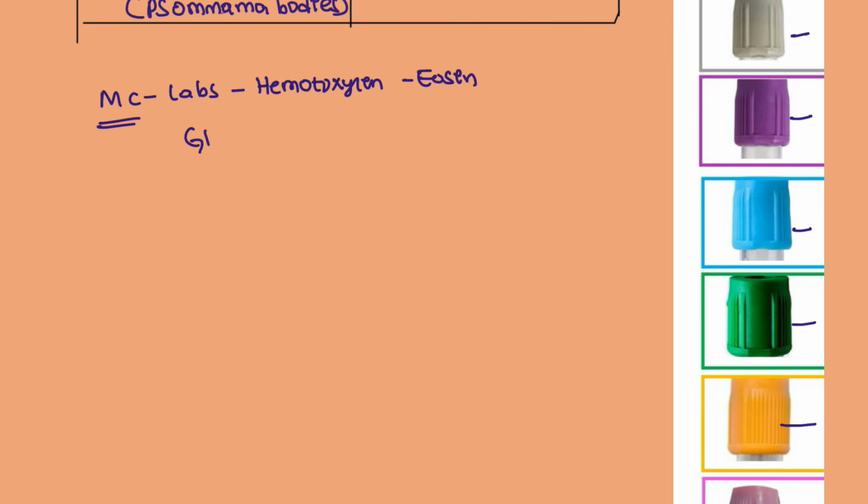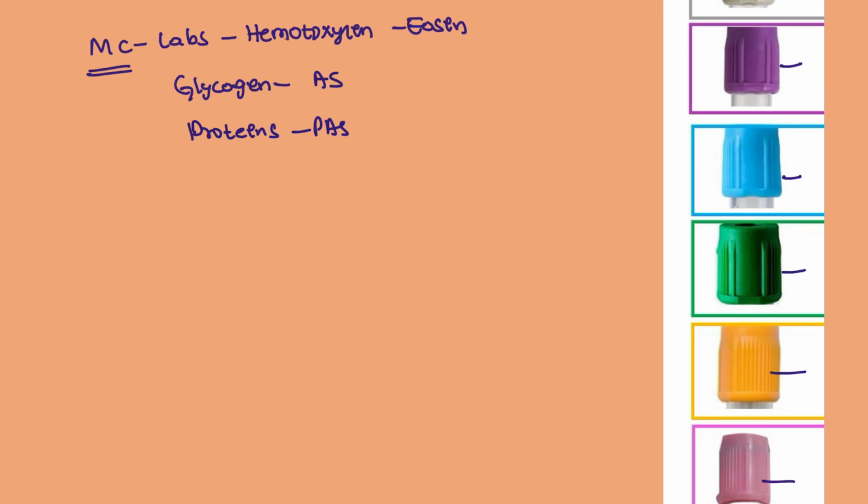Rather than that, for glycogen or glucose we use PAS. PAS positivity will be seen. Next, proteins also, most of them will be PAS positive. In different cancers also, PAS can generally be used. For lipids, we have to use a different one, that is Oil Red O or Sudan black.